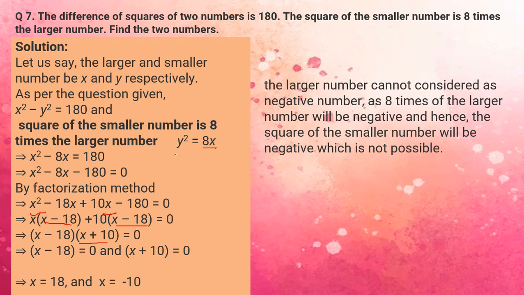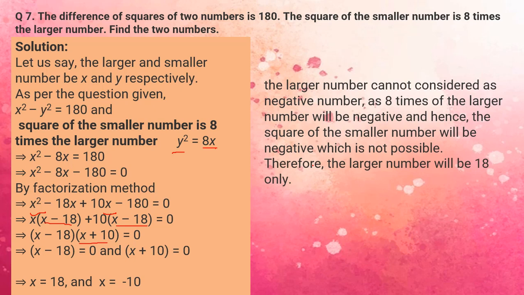Here y square is the square of the smaller number, so it would be negative. We can say the larger number cannot be negative, as 8 times the larger number would be negative, giving minus 80, and hence the square of the smaller number would be negative. It is not possible that the square of a number is negative. So we consider only x equals 18.